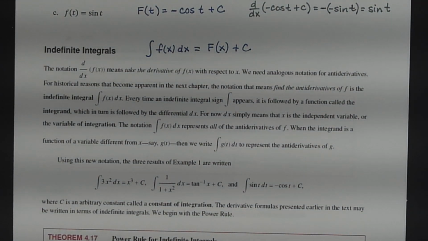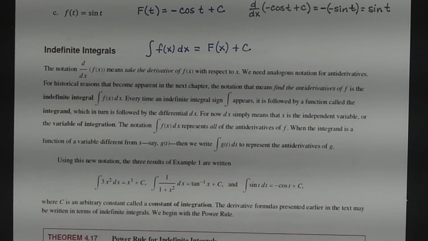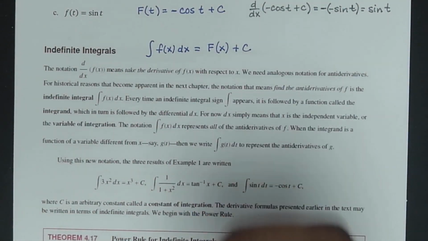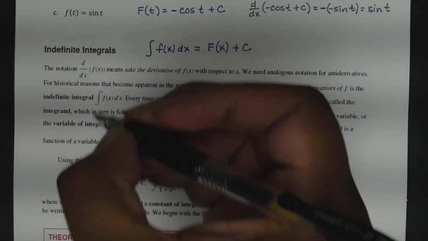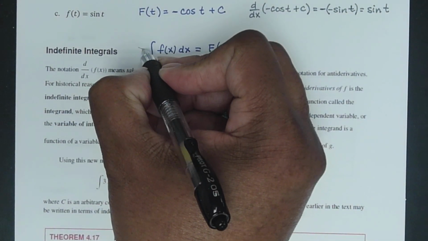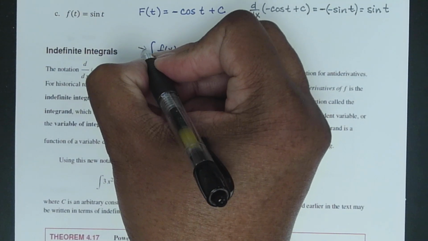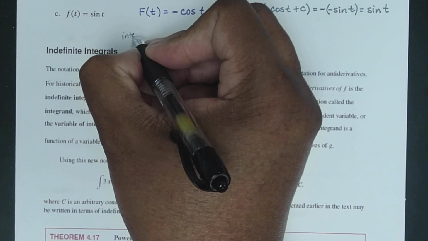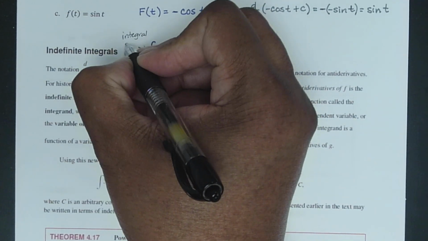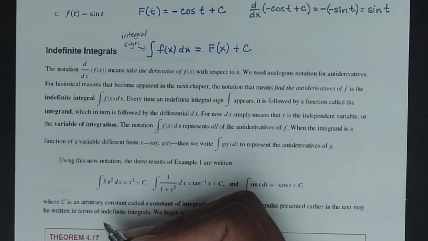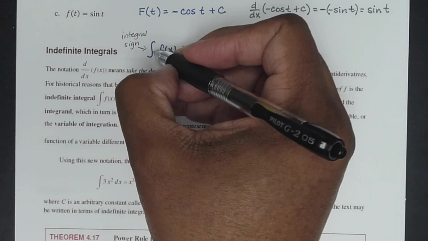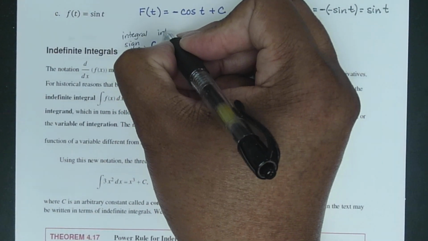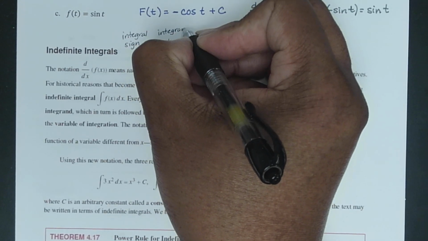So that's the notation that we use here. Now, what do each of these parts mean? Or what do they represent? This symbol that you see here looks like an elongated S, which actually means the sum. That's your integral sign. This f of x right here, we call that the integrand.